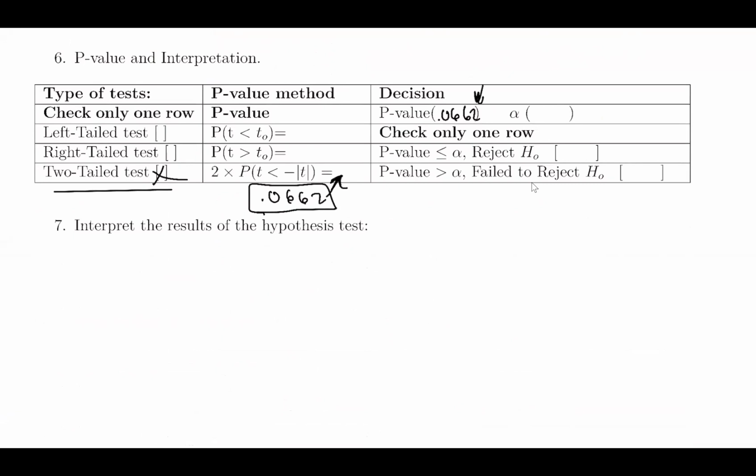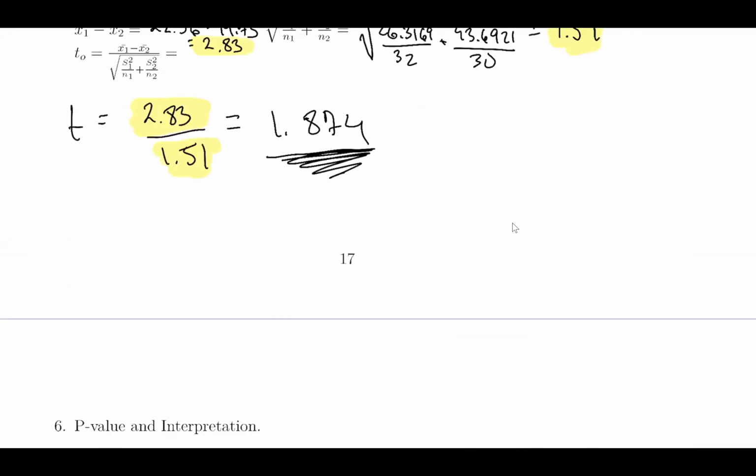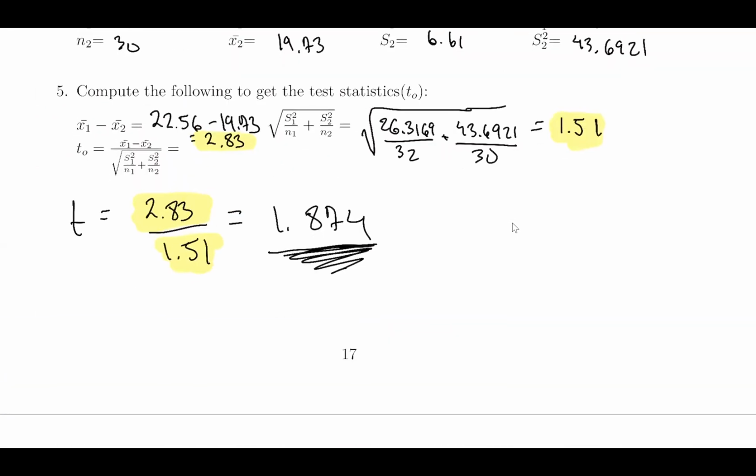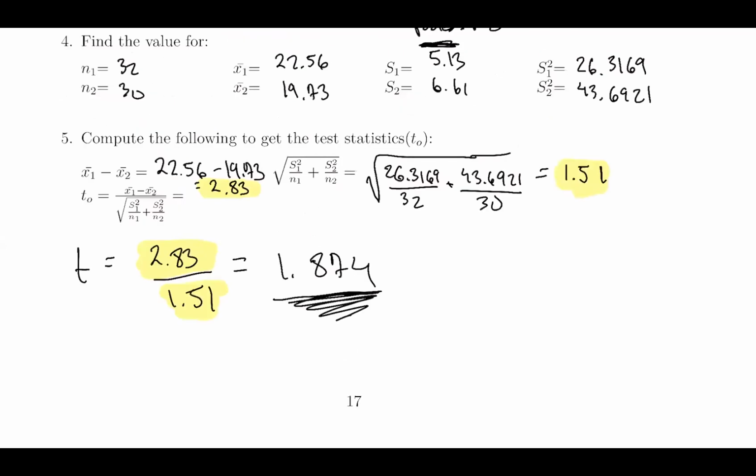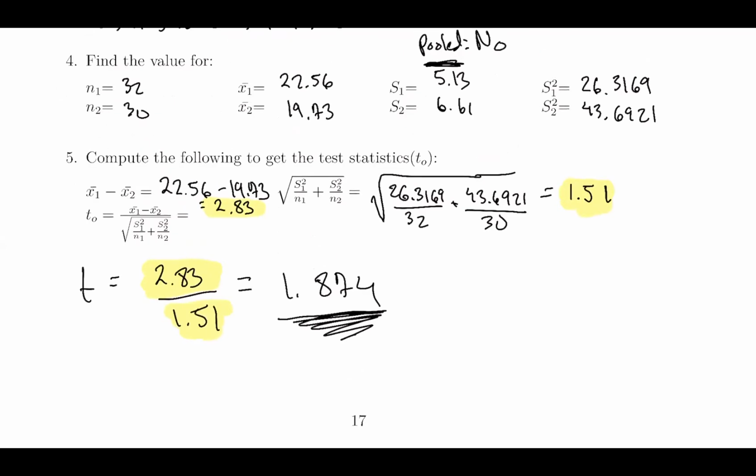If you remember for this one, the alpha for this, yeah, my alpha was 0.20, but let me double check my calculator. 22.56. Standard deviation is 5.13.